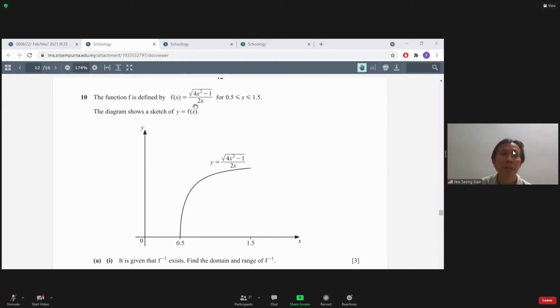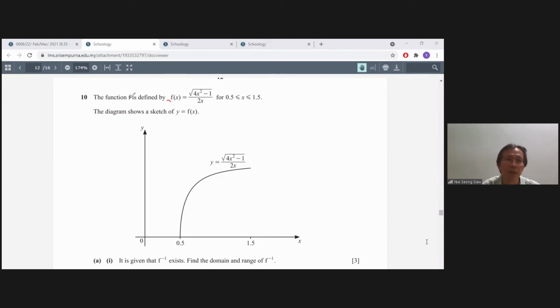Range. Okay, very good. Some of you answered here, very good. Range is 0.5 to 1.5. But you made a mistake, because you cannot type the equal sign, is it? Can you just answer me? Don't type there.